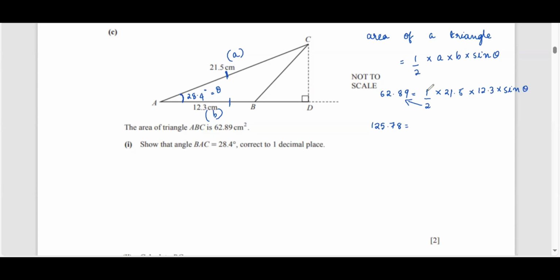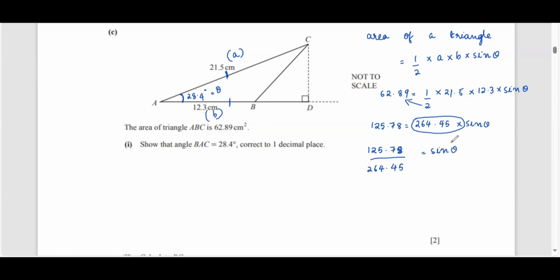So 21.5 into 12.3 will give us 264.45 into sine theta. Take this multiplication of 264.45 to the opposite side, it becomes division. 125.78 divided by 264.45 is equal to sine theta.